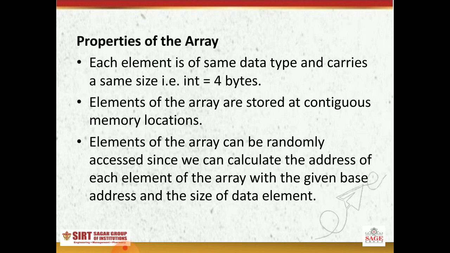It is a main property that we can follow. Now remember it at the time when we perform the operations. Now third one is elements of the array can be randomly accessed, since we can calculate the address of each element of the array with the given base address and the size of data element.